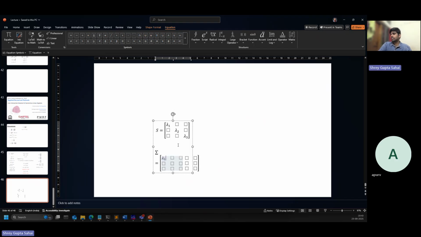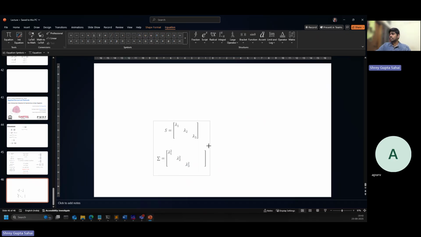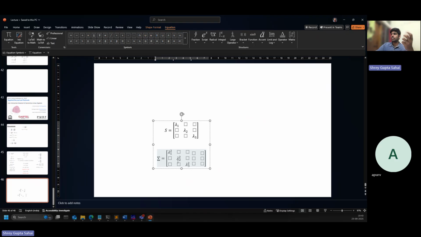They will be square terms like this, and the other terms are zero. So this is how the diagonal term in SVD looks, and these are the diagonal values which we are capturing. I've not properly shown it, but anyway, I think you get the idea.